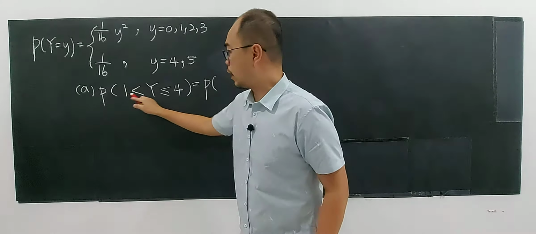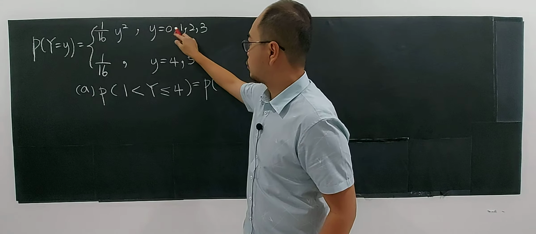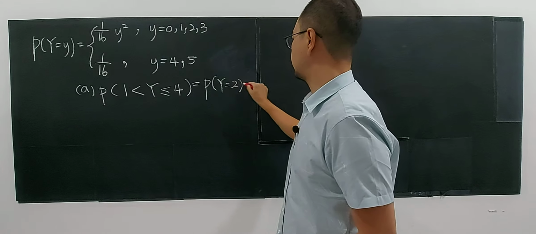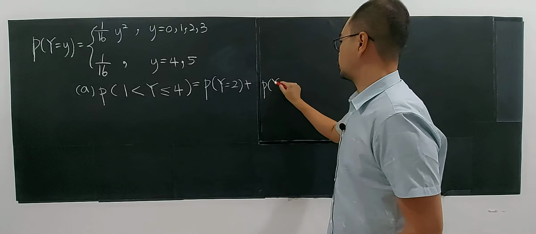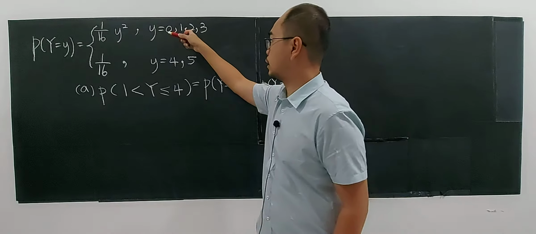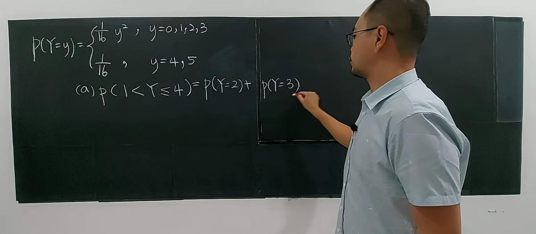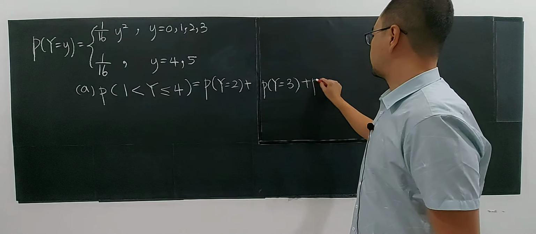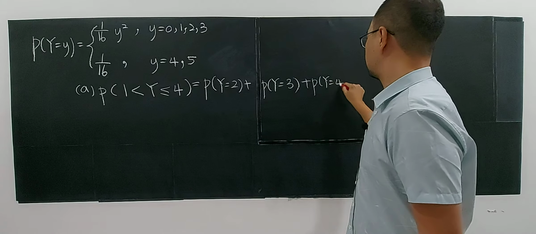So it's within 1 and 4. It cannot be 0 and 1, so it's 2, 3. P(Y equals 2) plus the probability of y equals 3, 2 and 3 are within, and another one will be the probability of y equals 4.